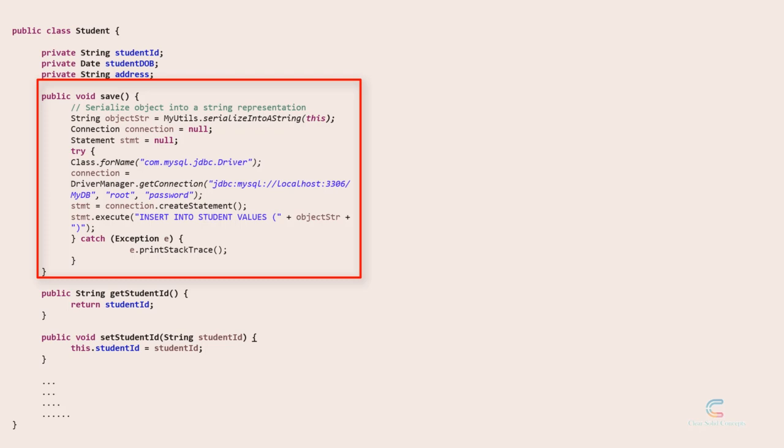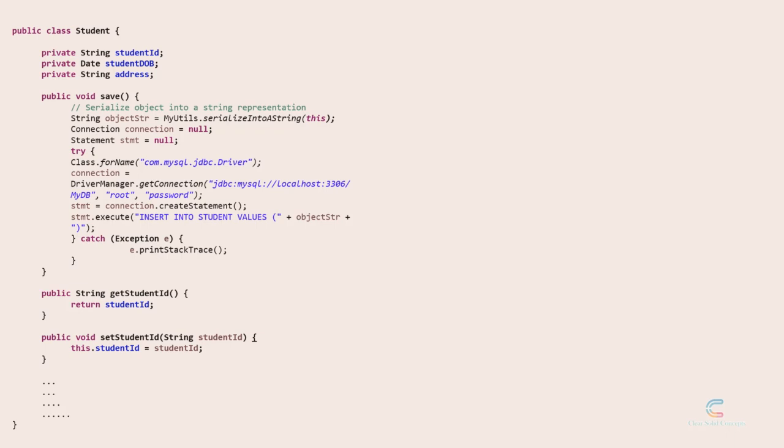Let's assume the database you are using now is MySQL. Sometime in the future, if you decide to go with a NoSQL database like, say, MongoDB, most of this code will need to change. So you can see that the Student class is tightly coupled with the database layer we use at the backend, just like the train is tightly coupled to the track.